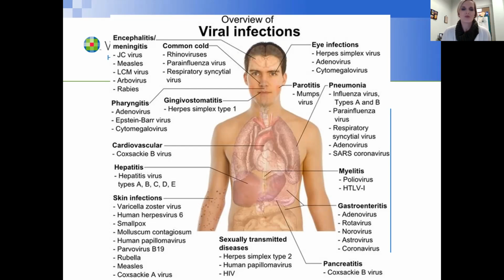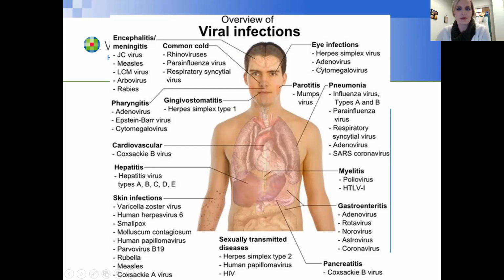So it looks crazy, but we're looking at just some things that you guys might hear as we go through lecture, and you may not come across all of these, but just, again, something to be aware of. And I'm not going to quiz you guys on this picture, so you don't need to worry about this. Just some things to introduce our viral chapter.